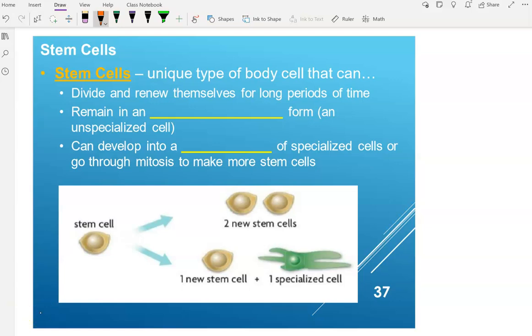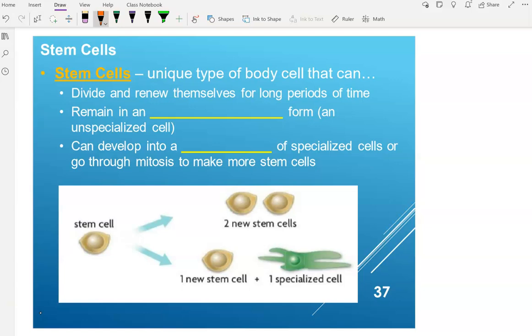Not that those telomeres never get shorter in stem cells, it's just a slower process than in normal cells. So you could call them immortal cells in comparison to normal body cells. They just don't age as fast as other cells in the body.